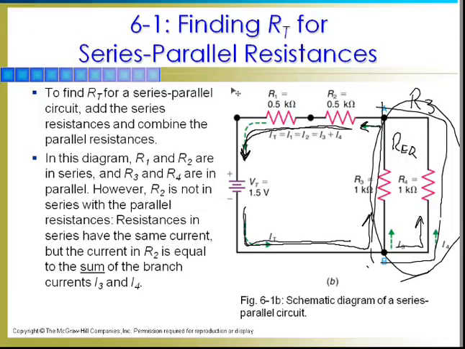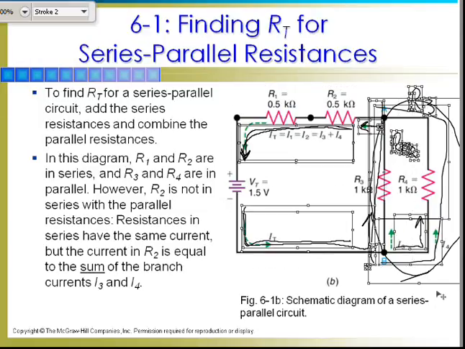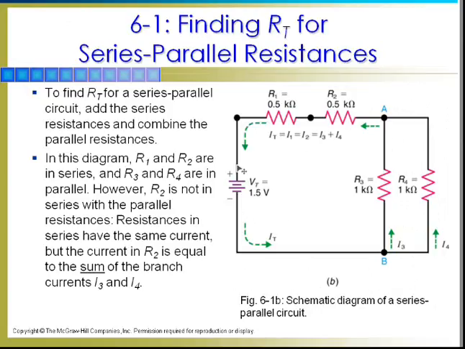So in this case, I've got a voltage source of 1.5 volts. That voltage source is going to get split into two separate current paths.